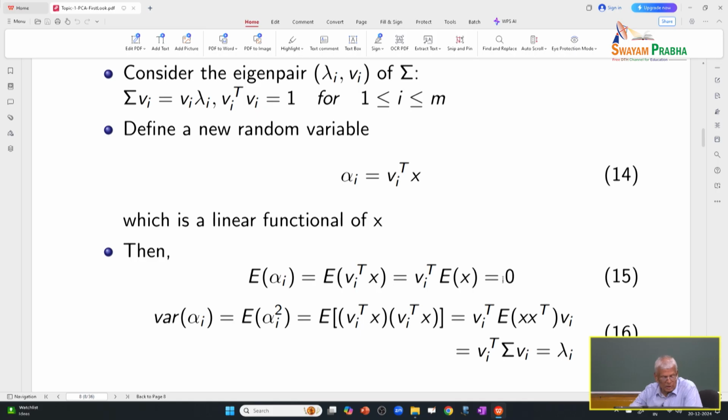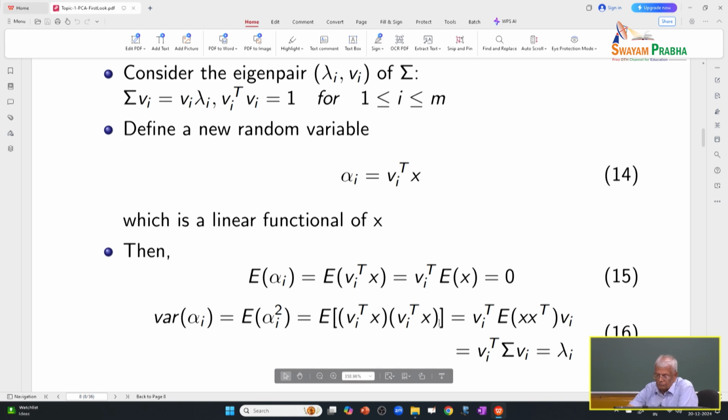If I want to compute the variance of alpha i, because it has mean 0, it is essentially E of alpha i square. But alpha i is Vi transpose X, so that's the definition of alpha i square.